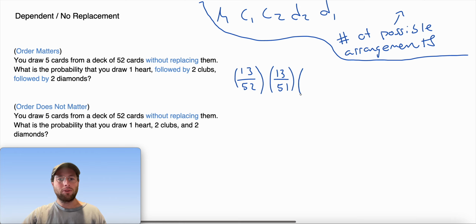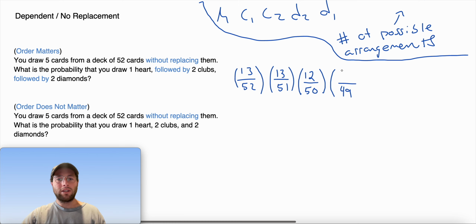And we're not going to put that back in there. And so we have 50 total possible outcomes. And because we just took a club out, rather than there being 13 clubs in the deck, there are now 12 clubs. So now we have 12 favorable outcomes out of the 50 possible outcomes. Okay, and now we want to draw a diamond. And there are going to be 49 cards in the deck now, 49 possible outcomes.